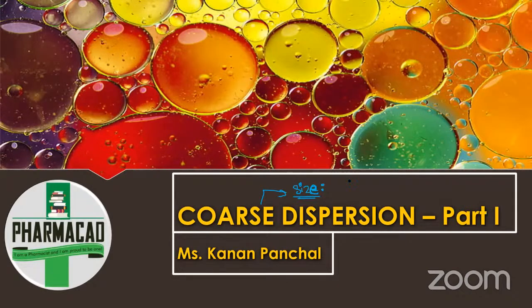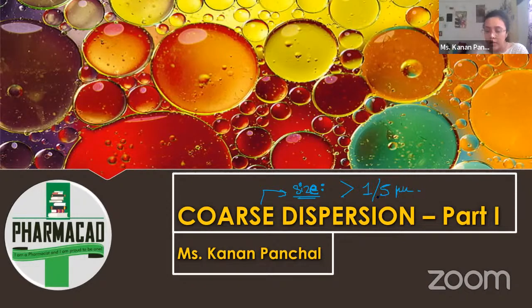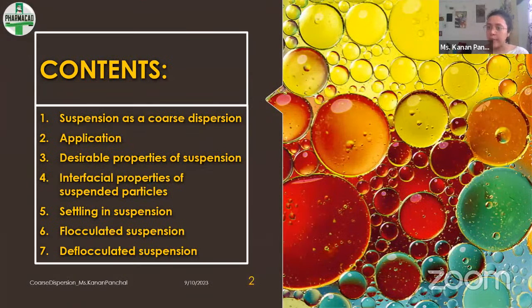More than 1 micrometers. More than 1 or 5, you can say micrometers. Fine, these are your coarse dispersions. So in this topic, it's divided into 2 parts. The first part will be dealing about the coarse dispersion with respect to suspensions.